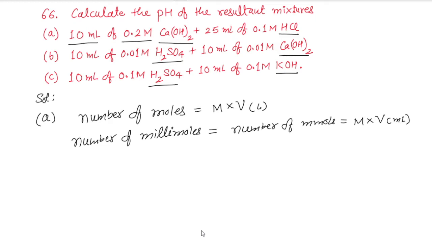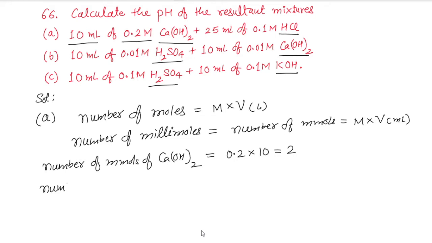Now, the molarity of calcium hydroxide is given to us, and its volume is also given. So first we calculate the number of millimoles of calcium hydroxide. We have molarity 0.2 and volume 10. That means total millimoles are 2.